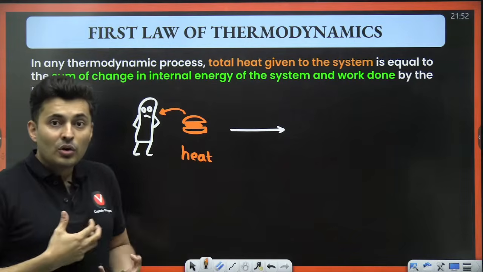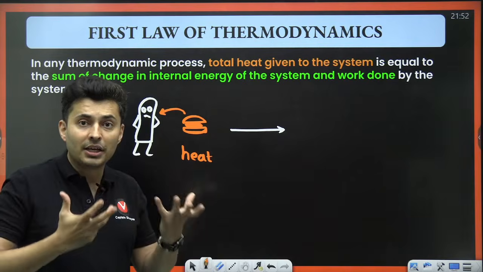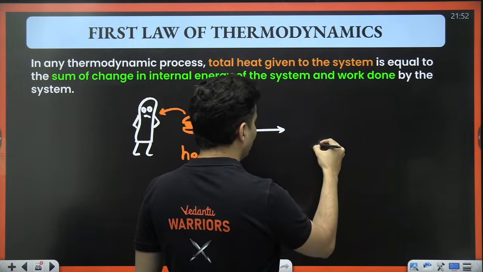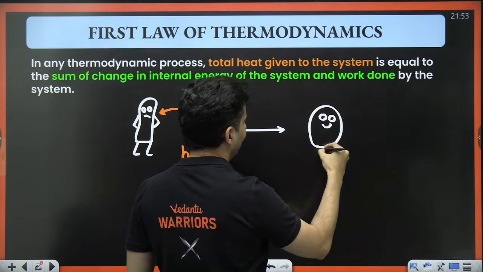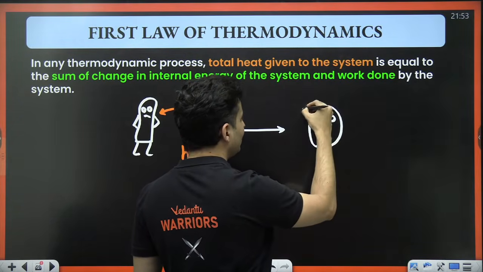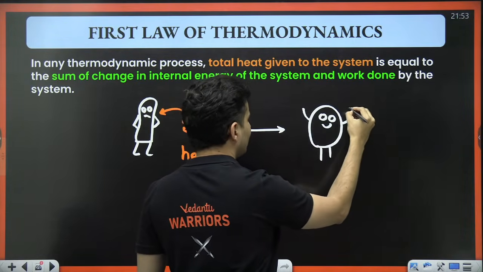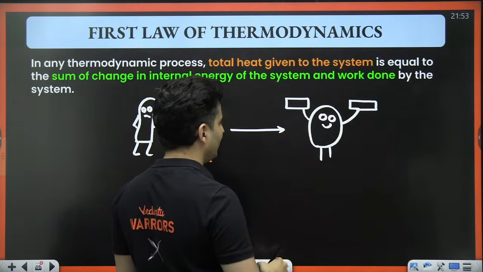So he ate that. There will be combustion in his intestine, stomach. Heat will be generated. What will happen? That Pandu will become a fat and happy Pandu because he has eaten a happy meal, and maybe he starts lifting some books or some weights or something like that.